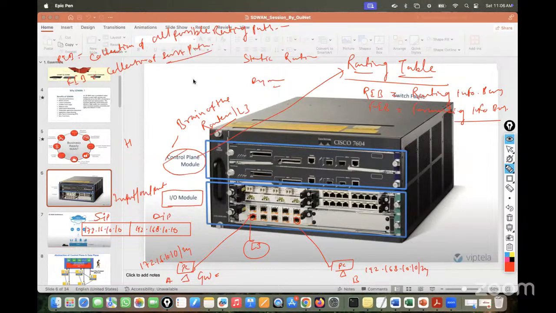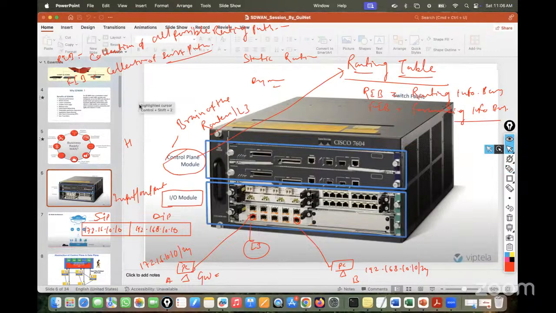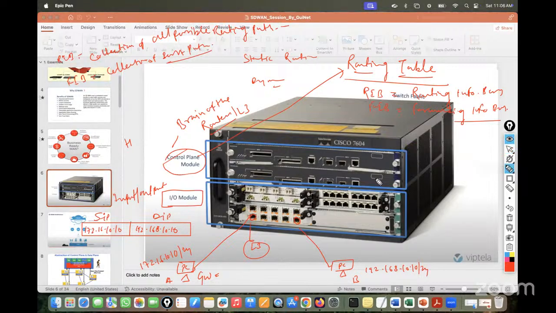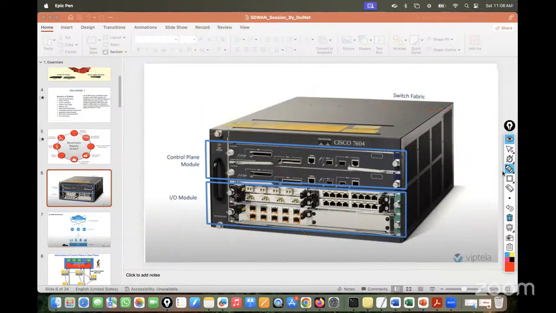What does that mean? Let's take an example. Let me clear this screen so I can make a better example. Let's suppose this is one of the routers.